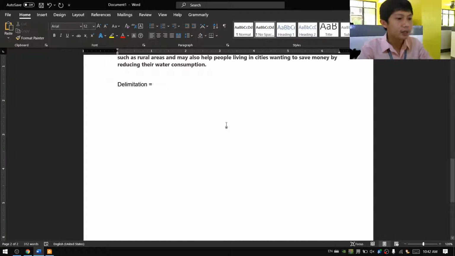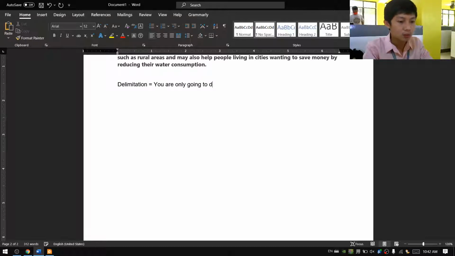So you can say that the delimitation is you are only going to design a rainwater catchment for a single family of 4 persons only. That's the delimitation.